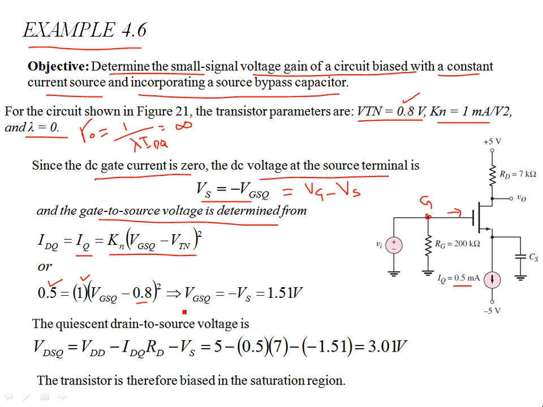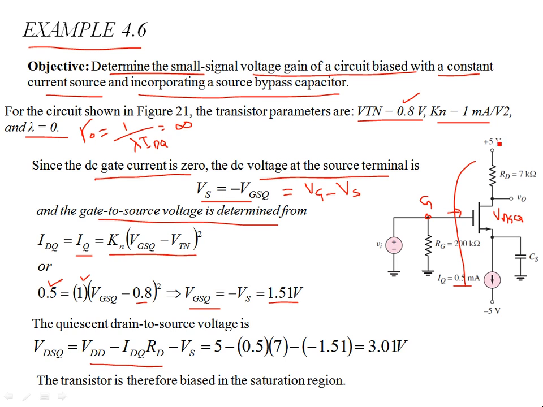Solving the quadratic, you see that VGSQ comes as 1.51 volts, which gives minus VS. Now the quiescent drain to source voltage VDSQ can be found out by applying KVL at the output loop over here, and this is VDD, 5 volts, minus IDQ RD.